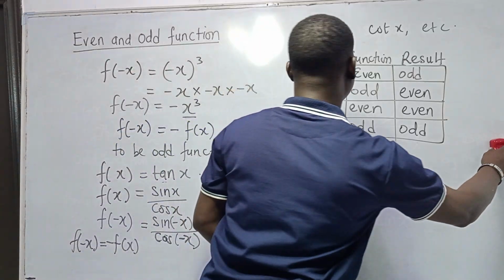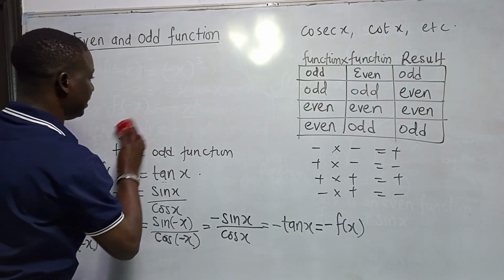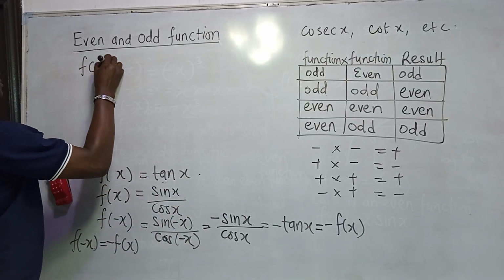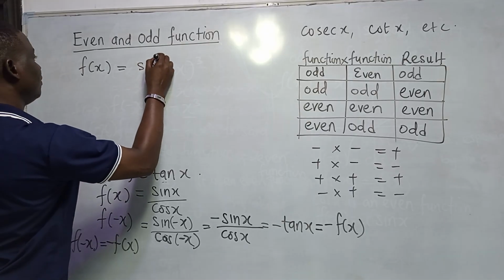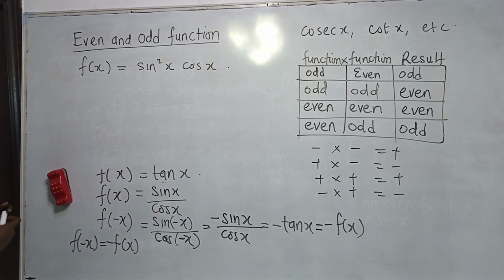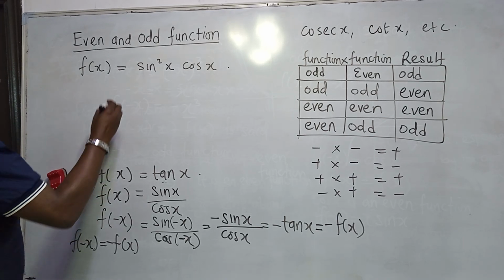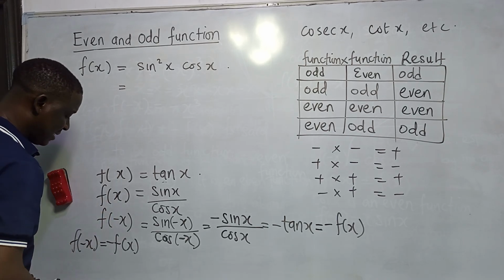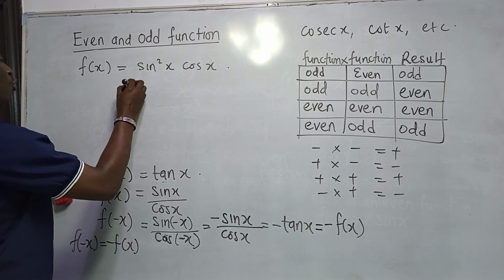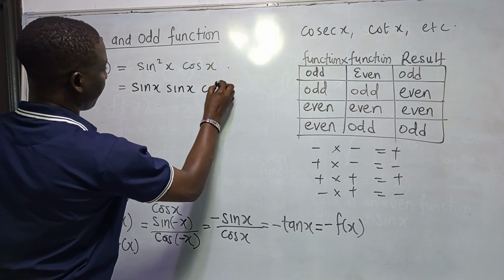For example, before I test you with a question: if you are given f of x equal to sine square x cos x, and want to test whether it is odd or even, that means sine x squared times cos x.